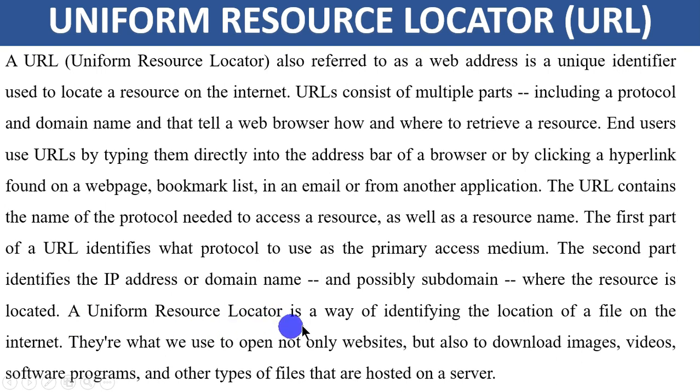A uniform resource locator is a way of identifying the location of a file on the internet. They are what we use to open not only websites but also to download images, videos and software programs, and any other type of files that are hosted on a server.